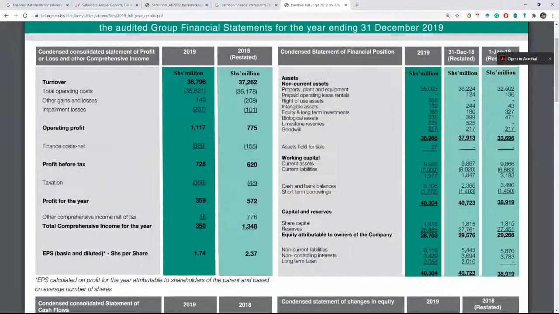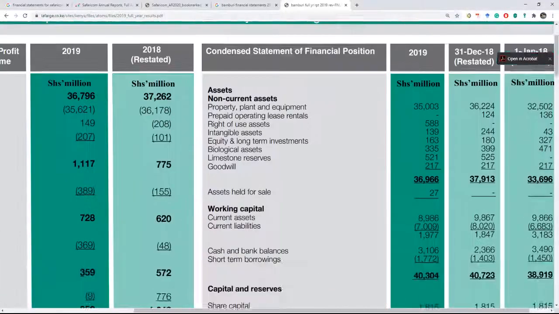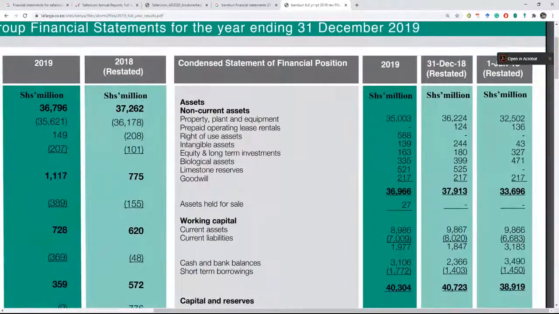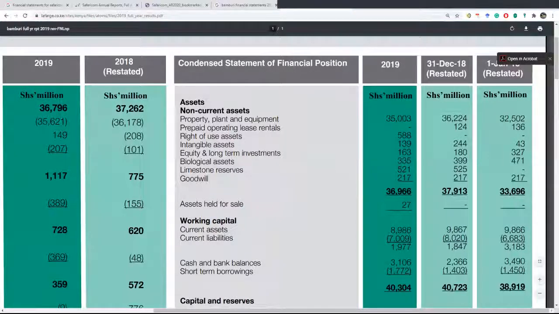Let me see if I can go to Zoom. You can see them, they're clear. Okay, so you can see that for year 2019, the current asset of the company is equal to 8.9 billion.